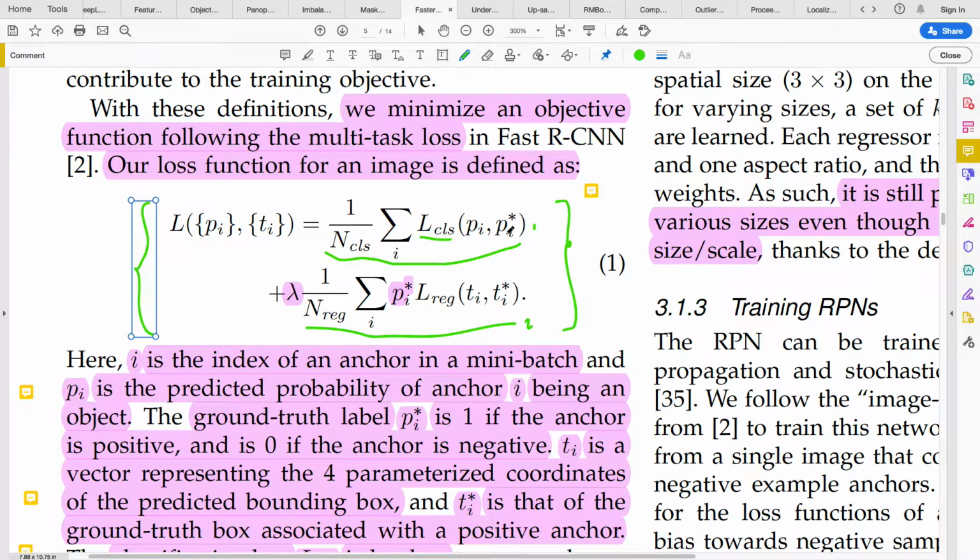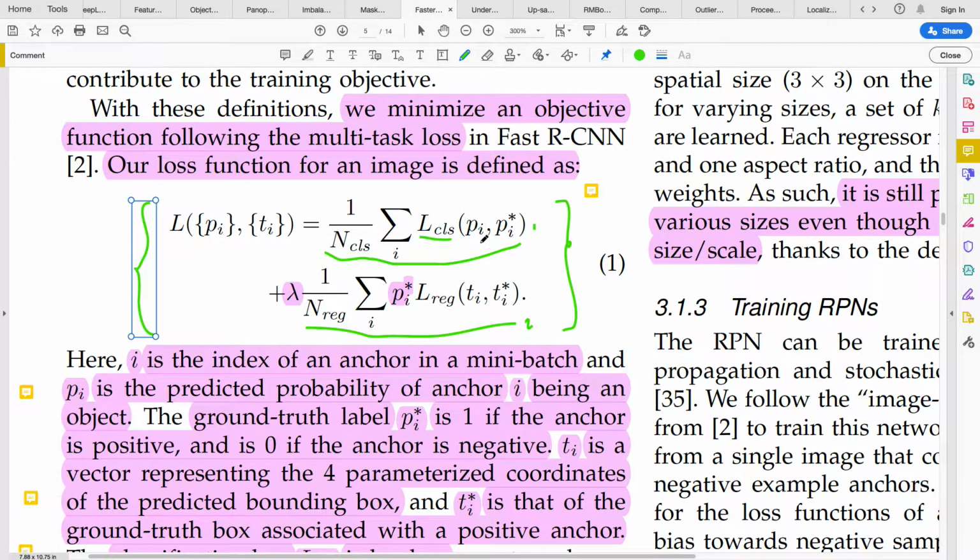So the p asterisk is the ground truth probability. That's the ground truth label, which is the probability that the anchor box contains an object. If the anchor box contains an object, p asterisk will be 1. If it does not, it will be 0.